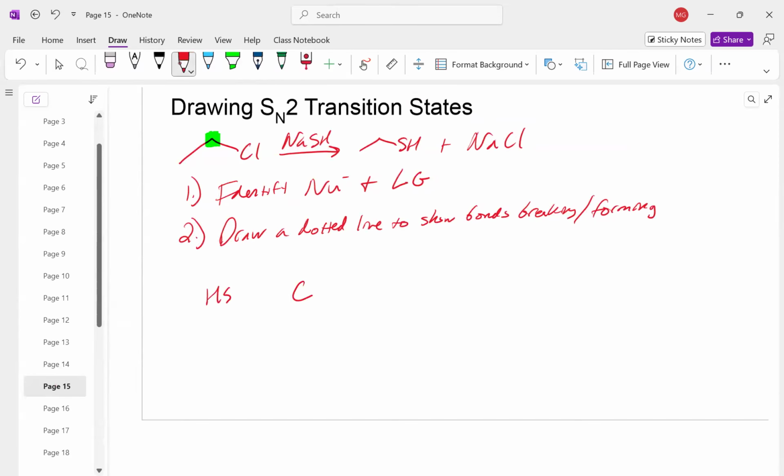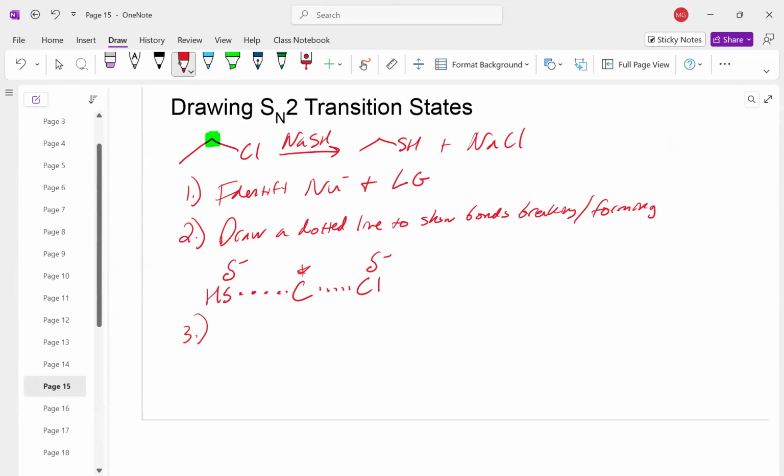And I'm going to show the nucleophile making a bond to that carbon. That nucleophile's a little negative. And then I'm going to show the bond breaking between the carbon and the leaving group. Now to finish this off, I'm going to put the rest of the stuff on this middle carbon right here.